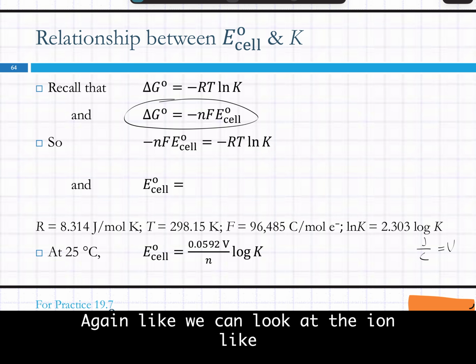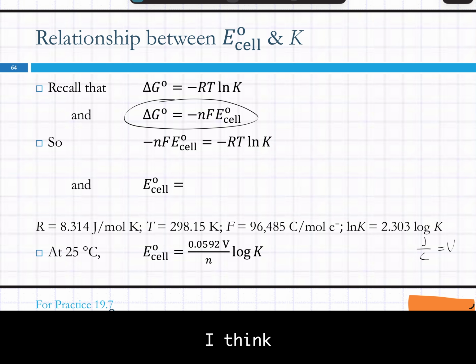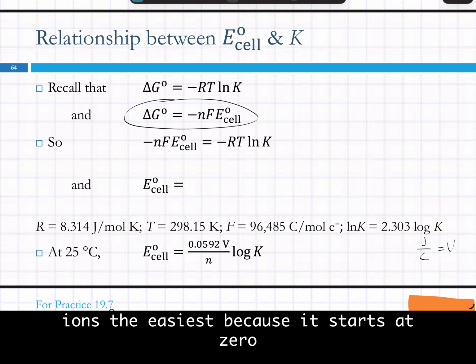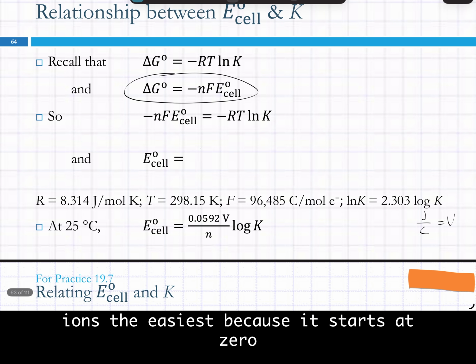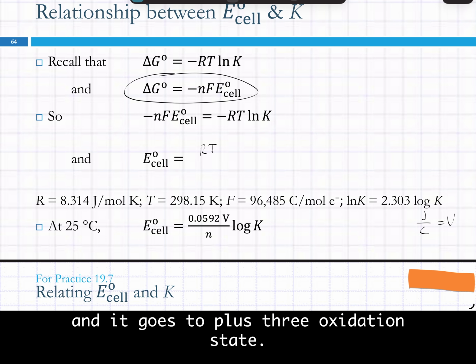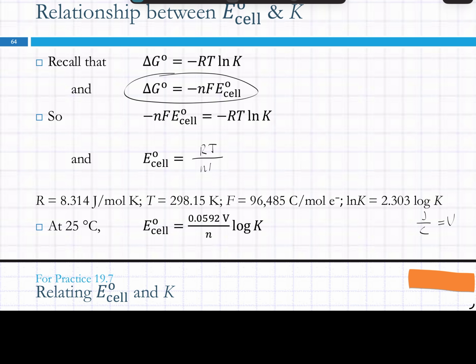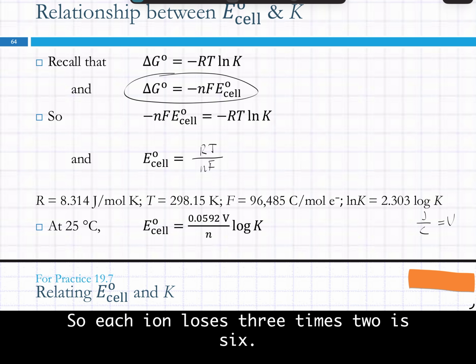Iron's the easiest because it starts at 0 and goes to the +3 oxidation state. So each iron loses 3, times 2 is 6.